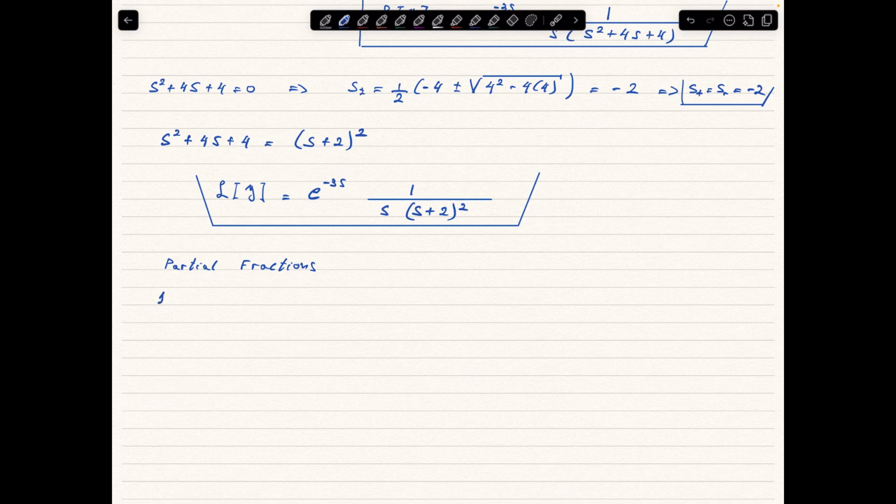One is to write s over (s plus 2) squared as a constant over s plus a constant over s plus 2 only plus another constant over (s plus 2) squared.